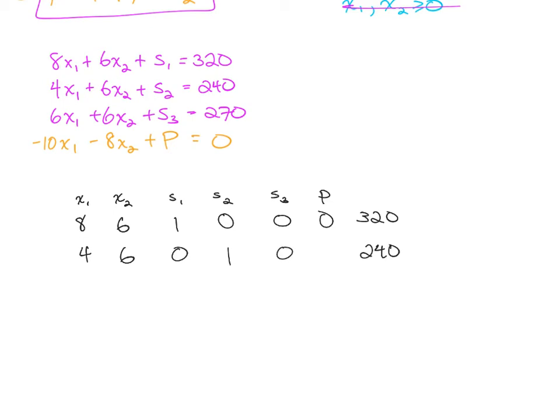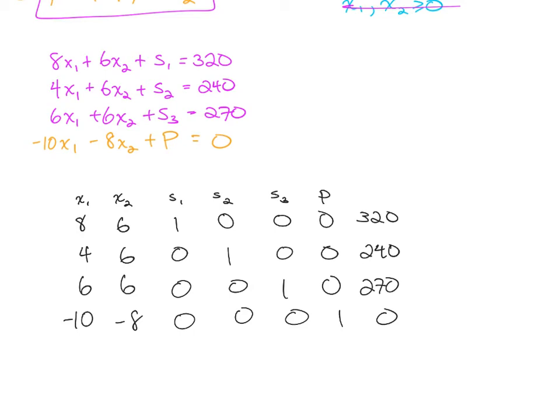The rest of these are zeros. We have 6x sub 1, 6x sub 2, 1s sub 3, and 270. The rest of these are zeros. And finally, in the last row, negative 10x sub 1, negative 8x sub 2, 0, 0, 0, 1, 0. All right, there's the matrix.